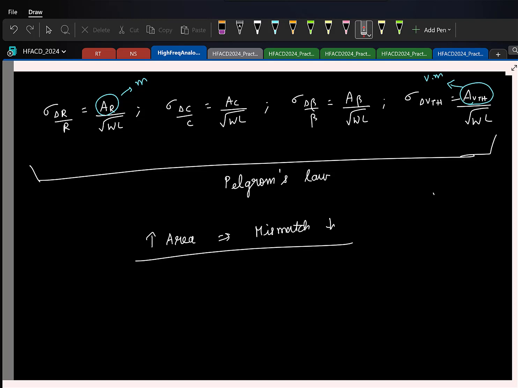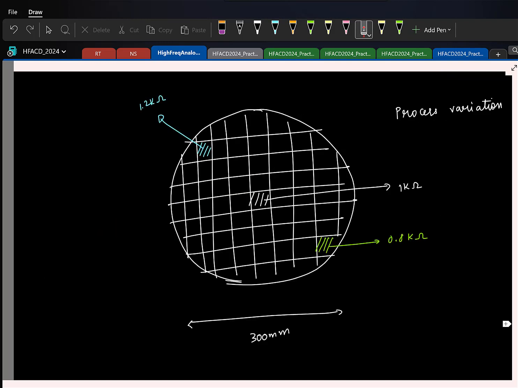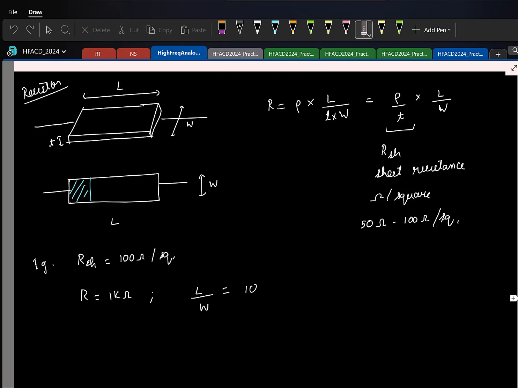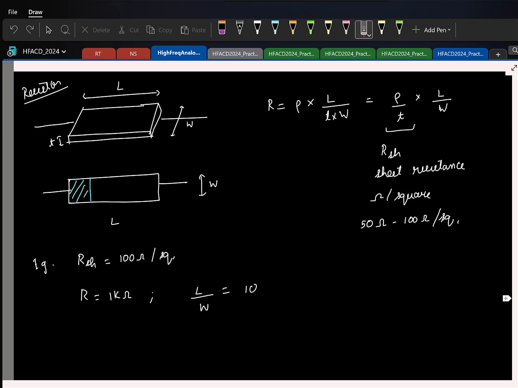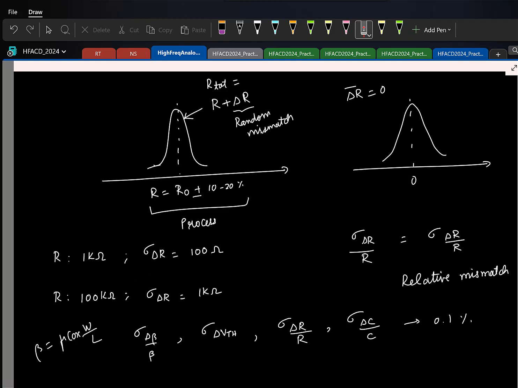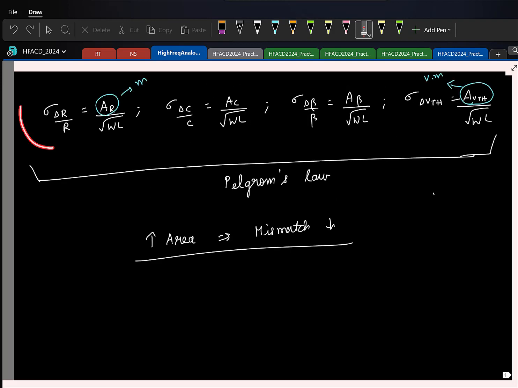So if that is the case, let's take an example and then see how we can calculate the effect of mismatch. In fact, now we can see, let us say you want to design a resistor. Earlier we saw that from the value of the resistor you want and the sheet resistance, you know the ratio L by W. Now from the mismatch you can tolerate, sigma of delta R by R, you can find what the area should be, and based on that you can choose individual length and width, because this will be given by your process.